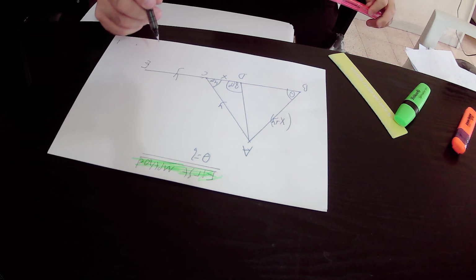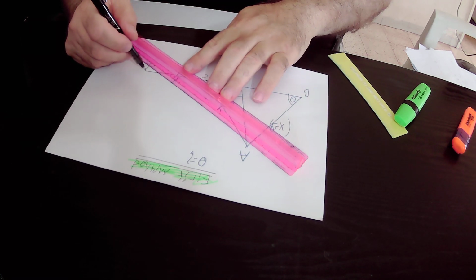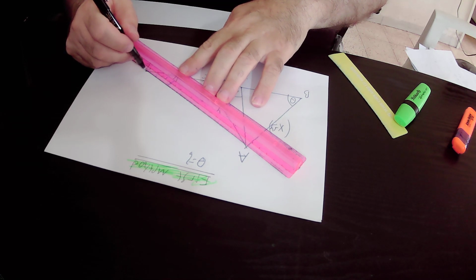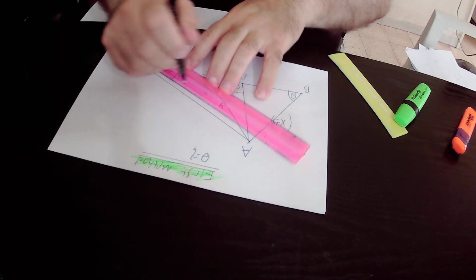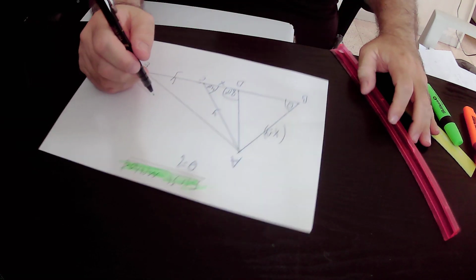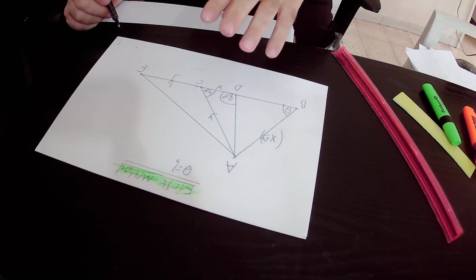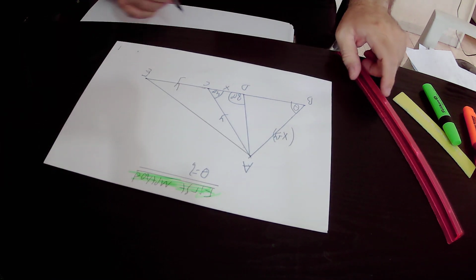In the next step, we join points A and D together by a straight line. So here we create a triangle ACE, so I'll copy triangle ACE in a new page and we'll analyze triangle ACE.